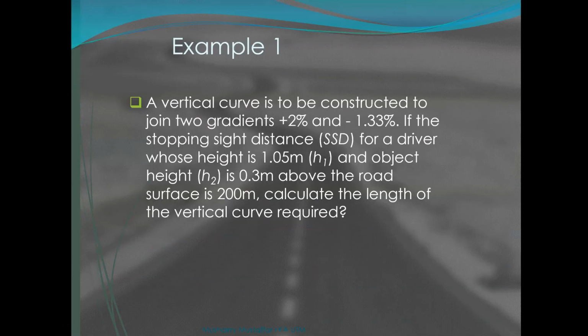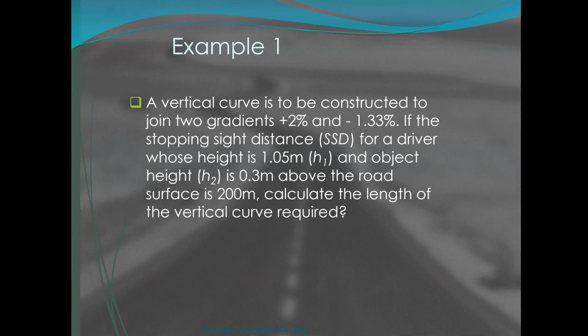Okay, let's look at one example here. A vertical curve is to be constructed to join two gradients, plus 2% and minus 1.33%. The stopping sight distance, SSD, for a driver whose eye height is 1.05 meters and object height is 0.3 meters above the road surface, is 200 meters.